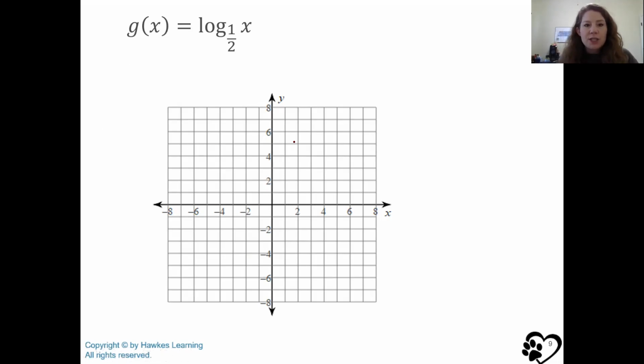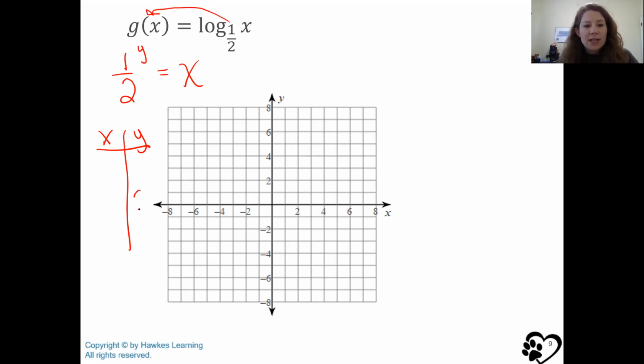All right, so let's do this one. Let's start with the base of our log, which is 1/2, raised to... remember we can always write g of x as y, raised to the y power equals x. Okay, so once again, we're going to make our own little simple t-chart. And we're going to say, all right, well, what if we want y to be 0?